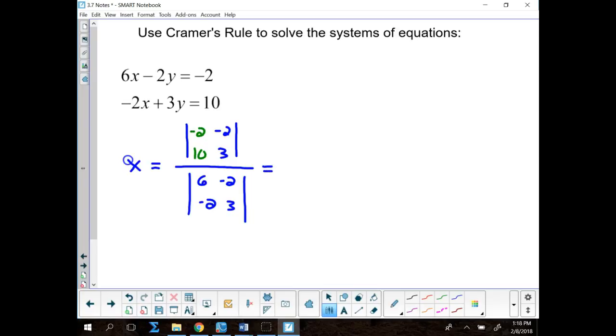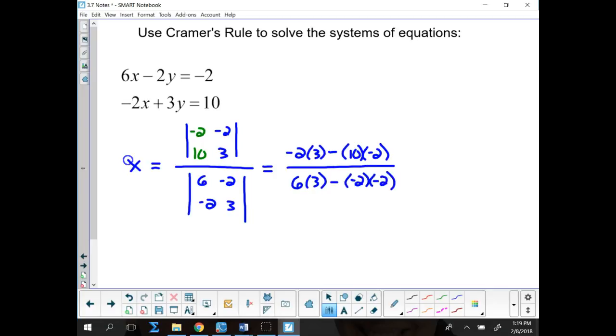Crisscross applesauce. Okay? Criss minus cross makes you want to jump. So that's going to be -2 times 3 minus 10 times -2, all over 6 times 3 minus -2 times -2.